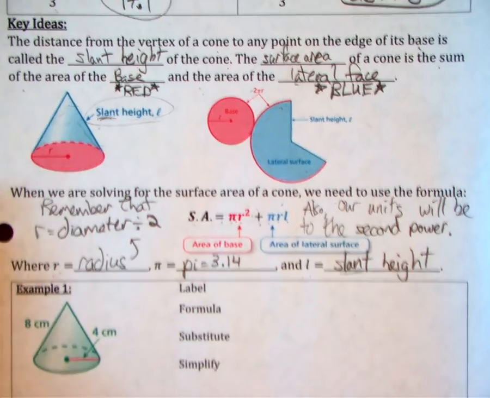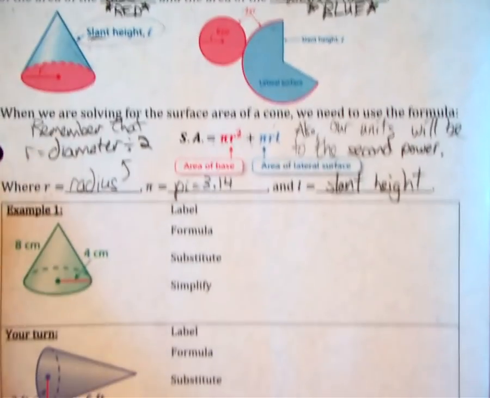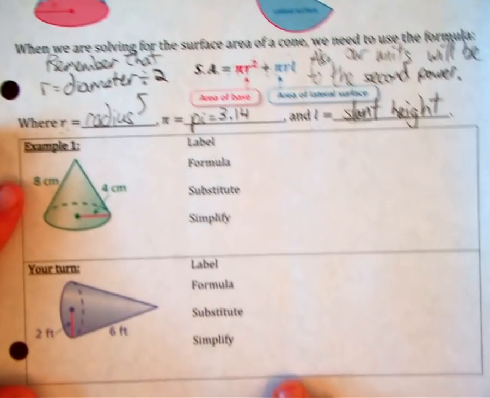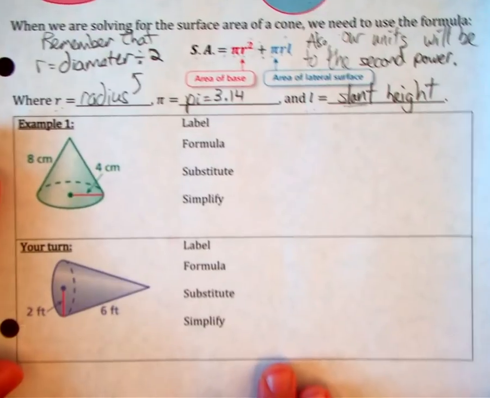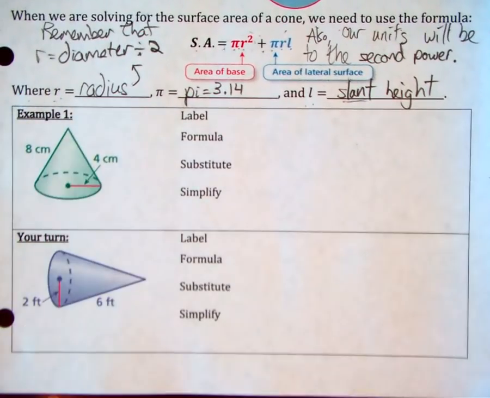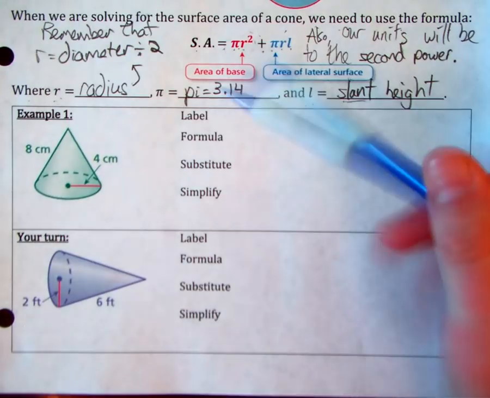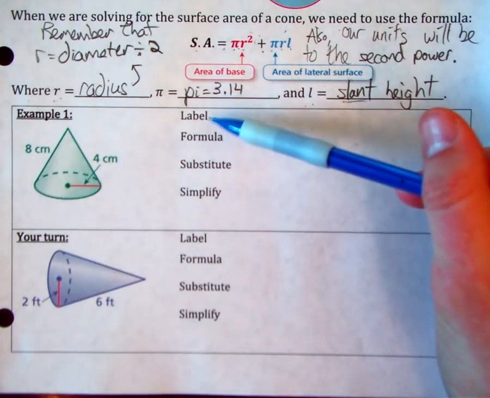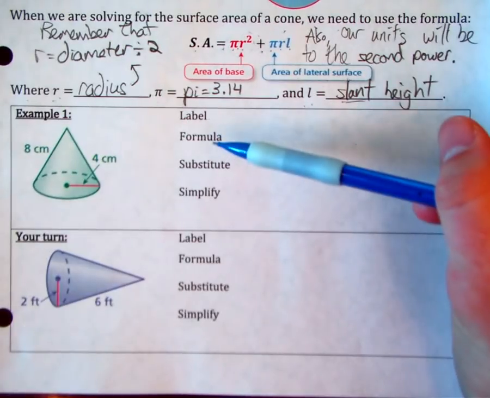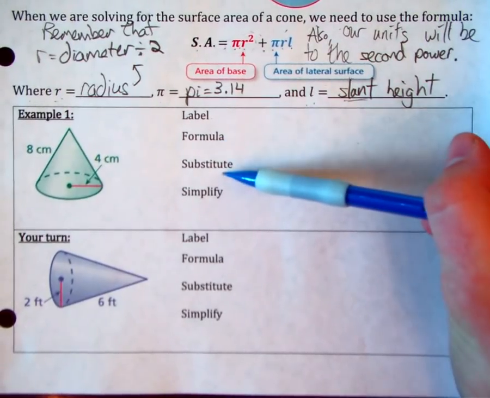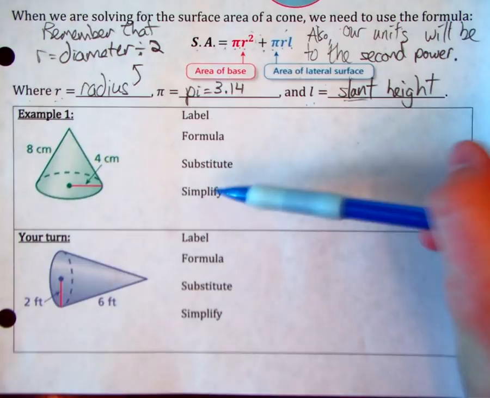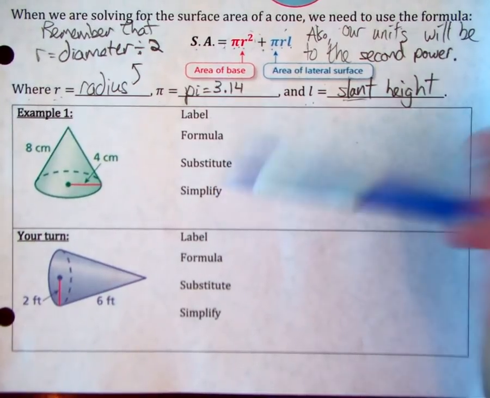So now, for the first example, it gives us our nicely colored shape. And again, similar steps as before. You want to label first, write our formula, substitute in the values for the variables, and then just simplify.